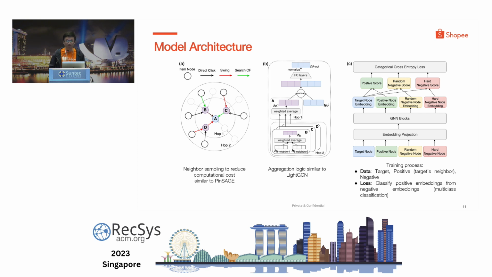The task of the GNN is to produce embeddings such that the embedding of the target node is as similar to the positive node as possible and as far away from the negative nodes as possible. So the training task is multi-class classification using categorical cross entropy loss. So this is the second problem, which is in the model architecture.